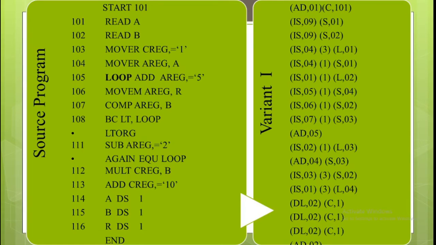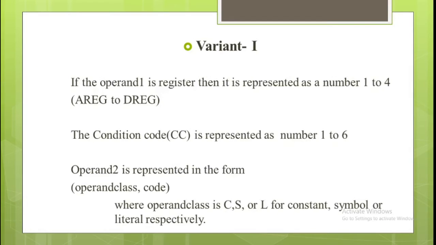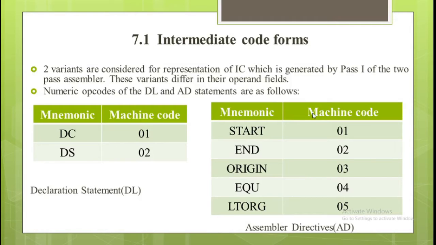Now on this slide I have given one source program on the left side and the right side consists of the variant 1, which is one of the intermediate code forms. Now the first instruction of the source program consists of the instruction START followed by 101. As all of us know, START is an assembler directive, and as we have seen in the previous slide, START is going to be represented as the machine code 1.